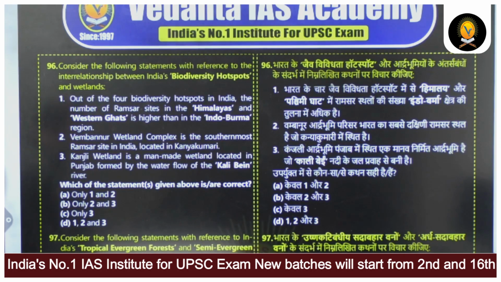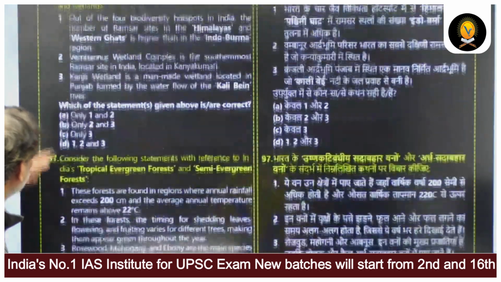So 96: out of the 4 biodiversity hotspots in India, the number of Ramsar sites in the Himalaya and Western Ghats is higher than in the Indo-Burma region. This statement is not correct. Vembannur wetland complex is the southernmost Ramsar site in India, located in Kanyakumari, correct. Kanjli wetland is a man-made wetland located in Punjab, fed by the water flow of the Kali Bein river, correct. So 2 and 3 are correct.